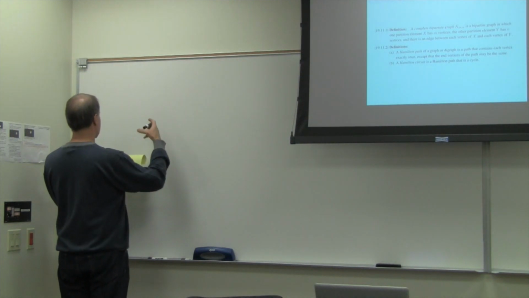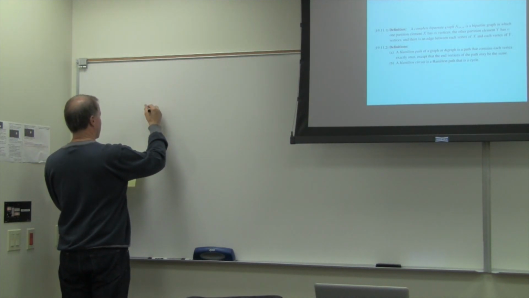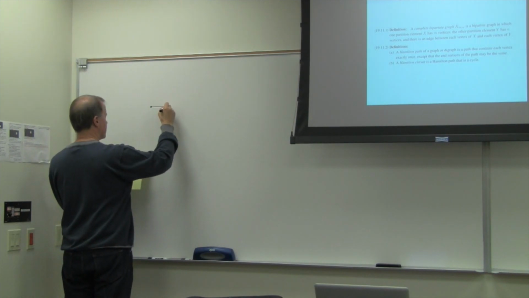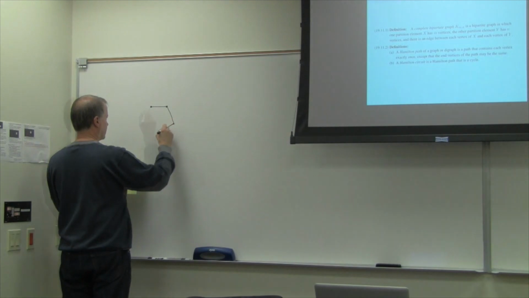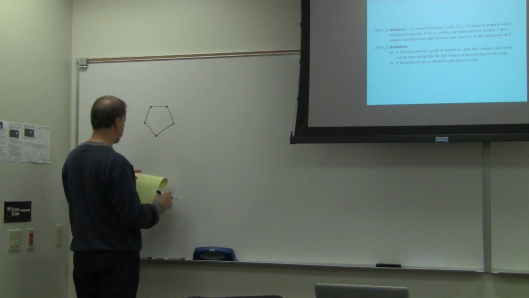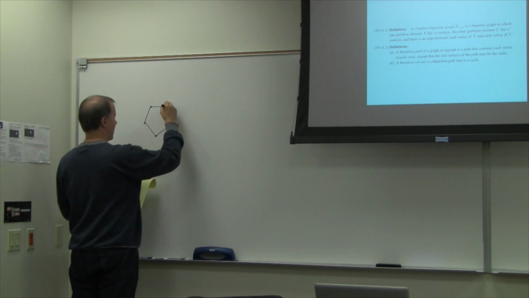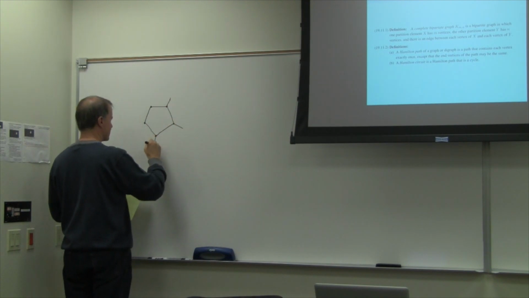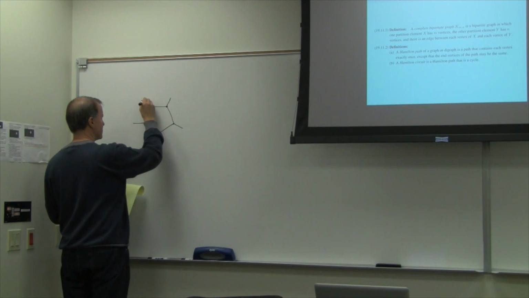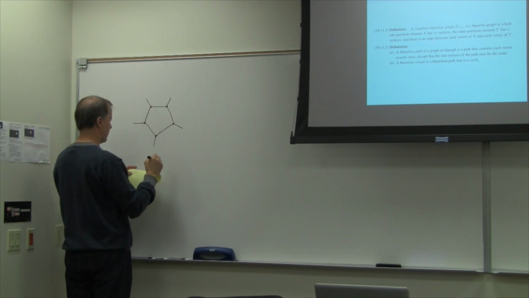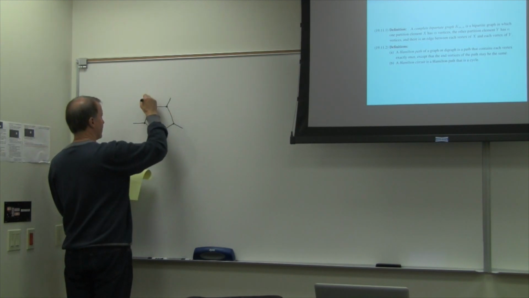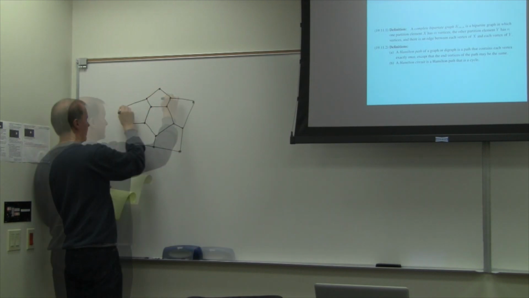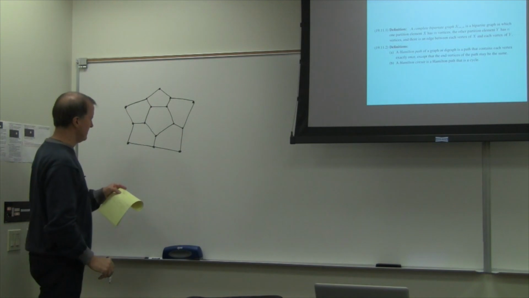What we're going to do is start with a pentagon here, and we're going to have an edge go straight out from the center from each one. And then from each one of these, we're going to have an edge here like this. Are you with me?